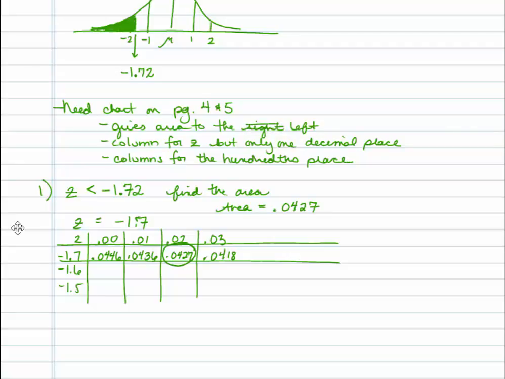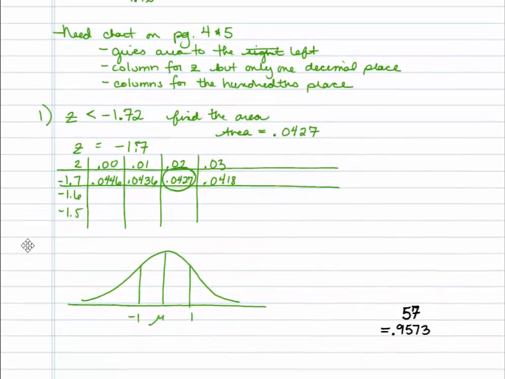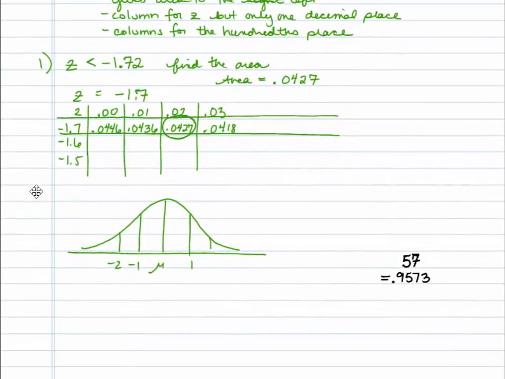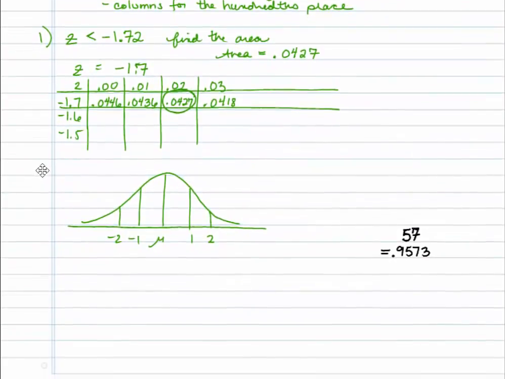Now there's no chart that gives you the area to the right. You have to keep in mind that in a standard normal curve, let's put the mean in, -1, +1, -2, +2.